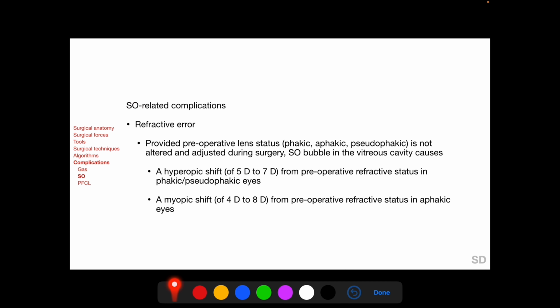Silicone oil related complications include refractive error. Provided lens surgery is not performed along with vitreous surgery, silicone oil injected in the vitreous cavity causes a hyperopic shift from preoperative refractive status in phakic and pseudophakic eyes, and a myopic shift from preoperative refractive status in aphakic eyes.